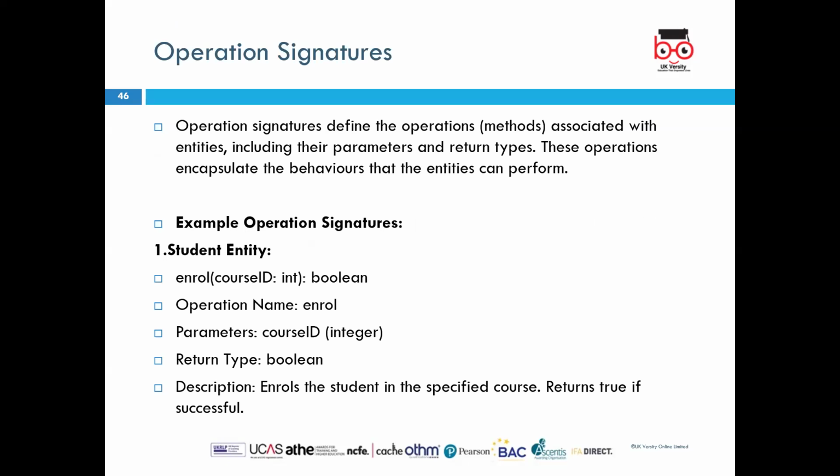Operation signature. With this concept, we're now going to define our methods, which are going to be associated with entities. And we're going to include parameters and the return type that we get from these methods.